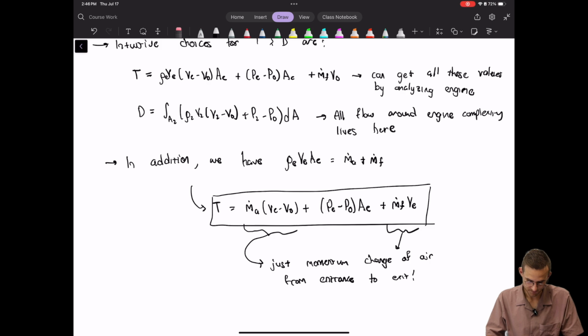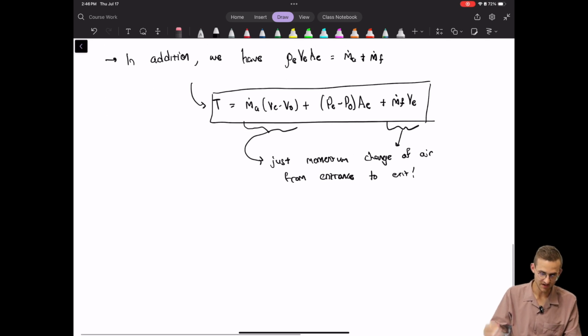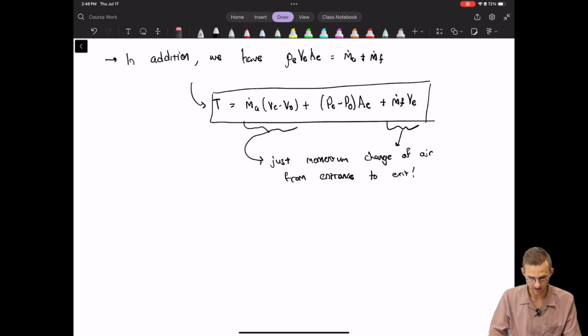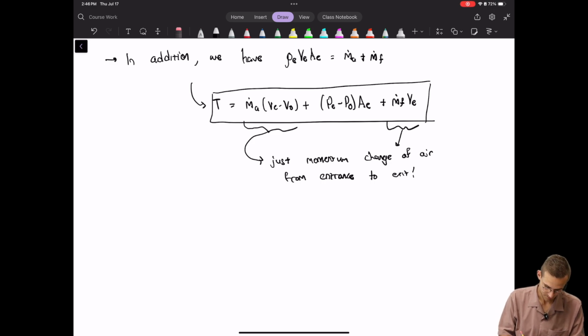Okay, so now if we want to start to develop some measures of efficiency, we need to look at how energy is being transported. So apply the Reynolds transport theorem for energy, RTT to energy. So this is for efficiency, to develop an expression for efficiency.